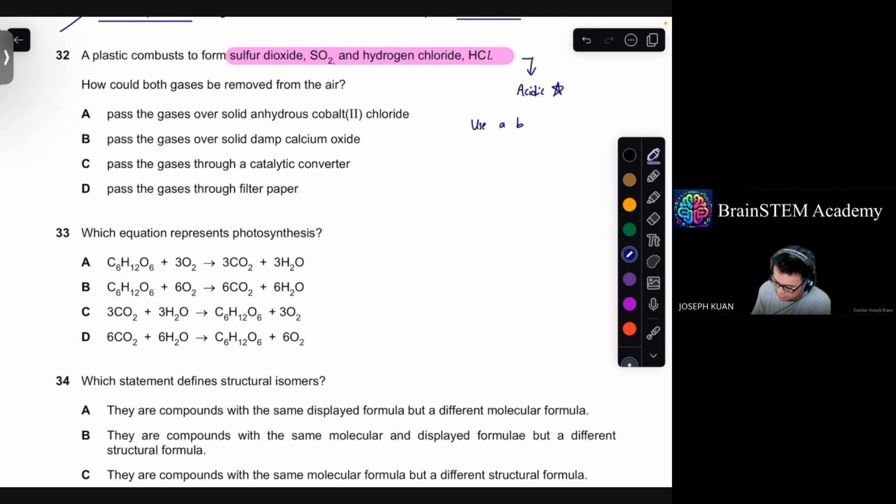Use a base. So the best answer out of this is B. Pass the gases over solid damp calcium oxide, which is a base. Others don't do much in terms of removing these 2 gases.